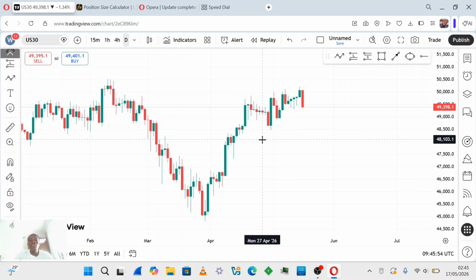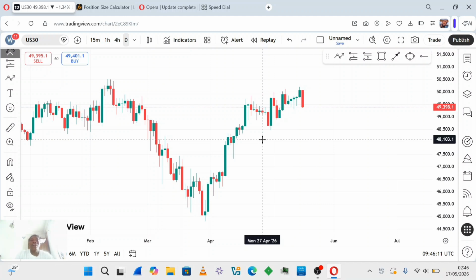But if you go to the daily time frame, you will know that the thing has just moved one candle, and the 1 minute time frame is going crazy. So that's why I don't like using smaller time frames.